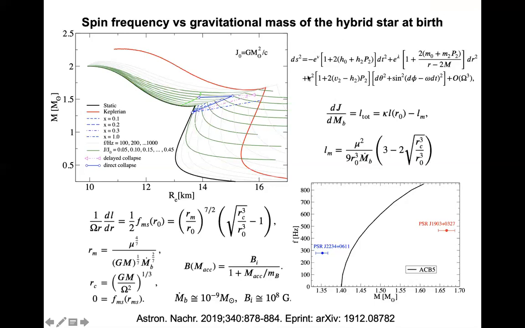First, we model uniform rotation of the neutron star by considering a rotating metric, and we apply an approximation on rotation by expanding the metric in terms of higher frequencies and neglecting them. This is the typical Hartle method.